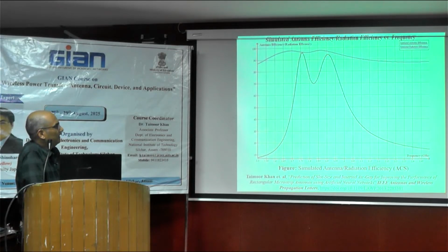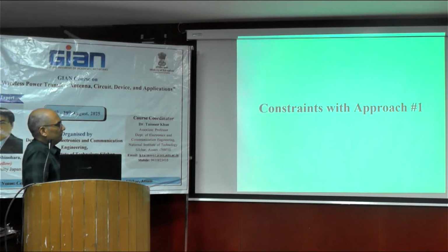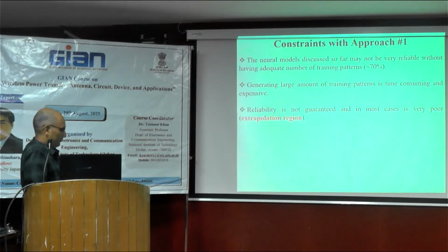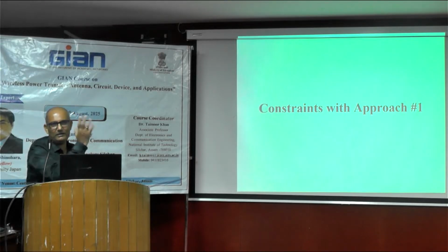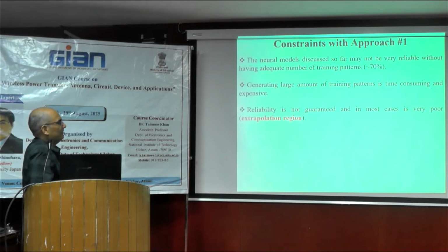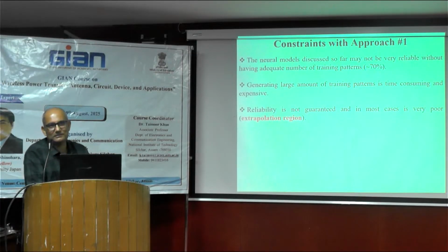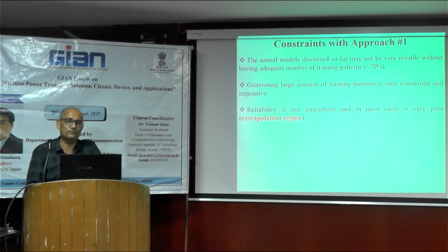Then antenna efficiency. Coming to the main point: what problems were there in the earlier two examples that we need to highlight, and their remedy in the knowledge based neural network. The neural model I discussed in the previous two cases may not be very reliable without an adequate number of training patterns, because you need huge numbers of patterns for training those models.